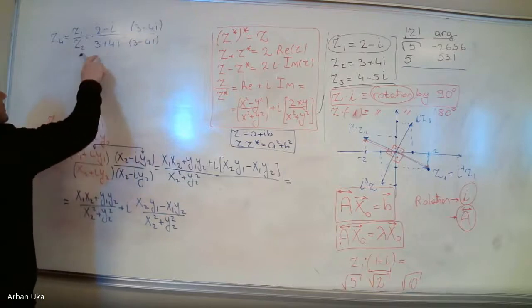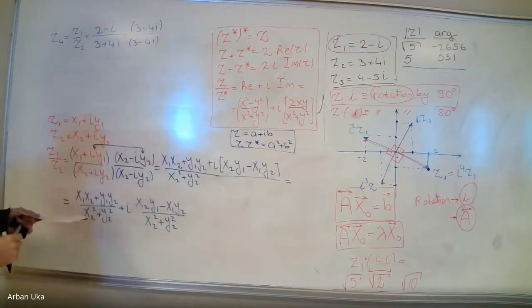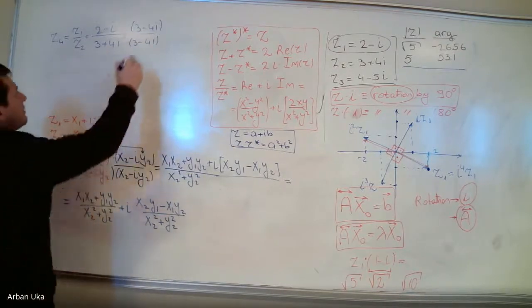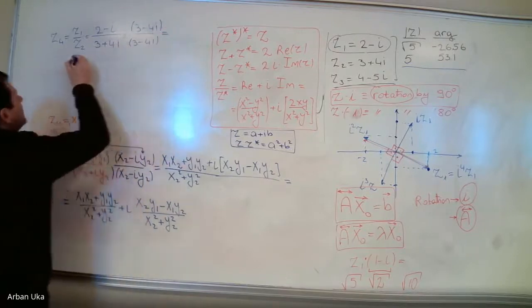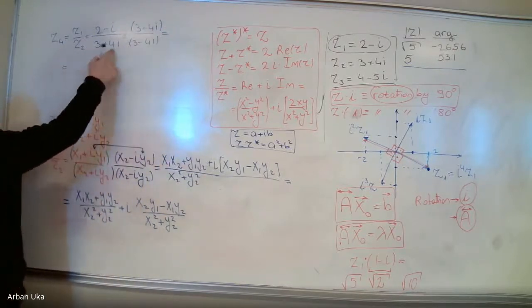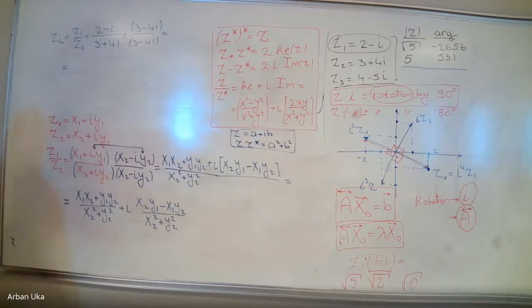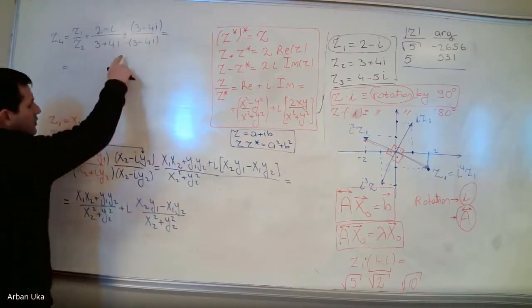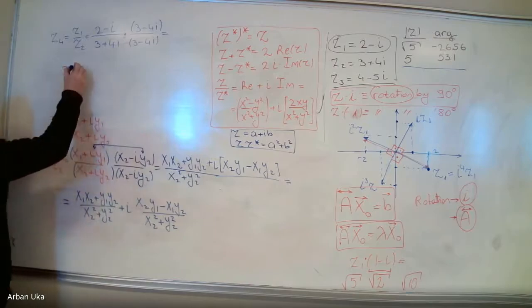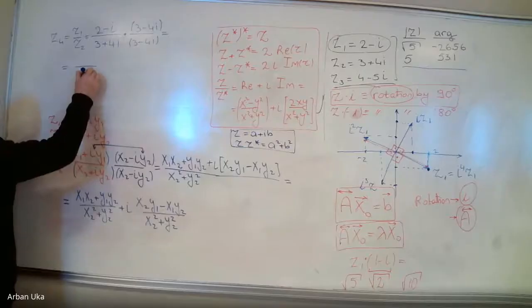So this division is not defined, as we said, but this one is defined. So we should immediately get in the denominator, what are we going to get? We get 3 squared plus 4 squared, which is equal to what? 25. This is 25, yes.